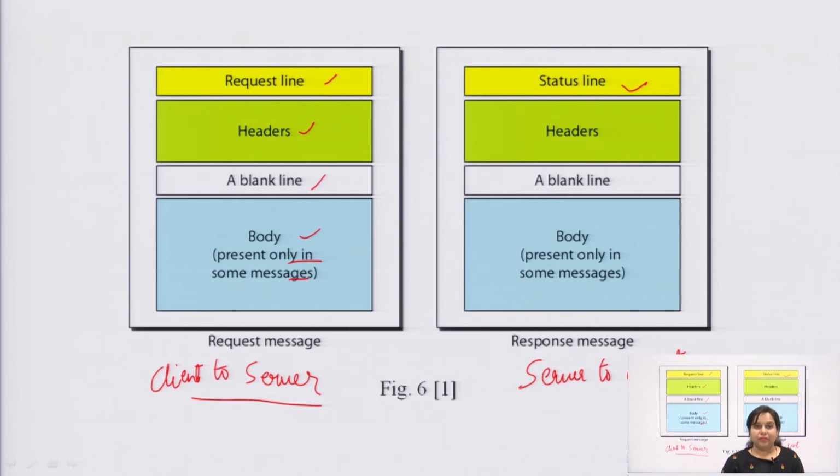During that period you cannot access any page from that website. That comes under this status line. So, every time you are not going to access the same web page. Then the header will be there, a blank line will be inserted between the header and the body, and then the body will be present only in some messages.